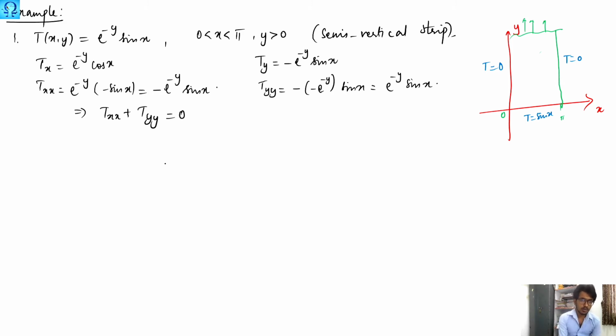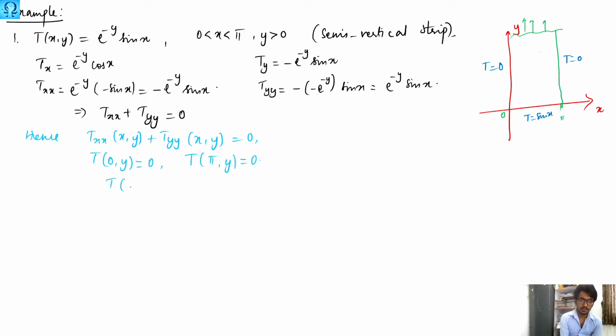Now, Txx of the function of two variables plus Tyy of x, y is equal to 0, and from the diagram you may see that whatever the value of y is, if x is 0, then T of 0, y is 0, and similarly T of pi, y is also 0.